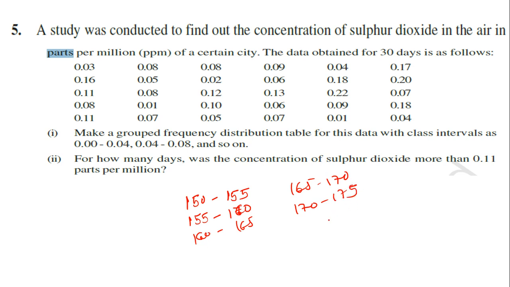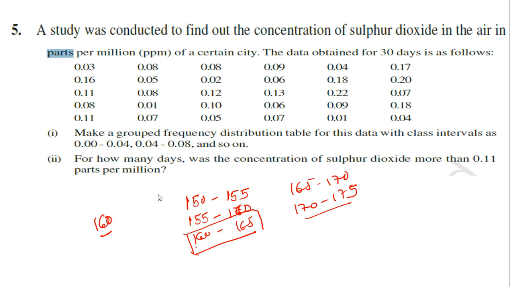Because 172 or 173, whatever it is, will come in this class interval. And if some number is there, for example 160, then you have to consider it in the class interval 160 to 165.